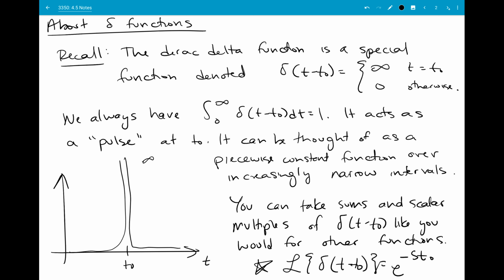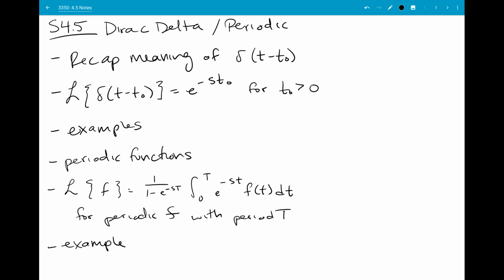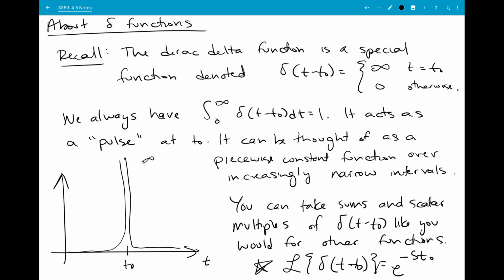And since Laplace transforms take in functions that have 0 or higher input for time, that really only makes sense for t0 greater than 0, as I wrote here when I told you to copy it down originally. So that's what we need to know about delta functions. And we're just going to work through a couple examples because we'll be dealing with these in your project. So we want to make sure we have a good feeling for this.